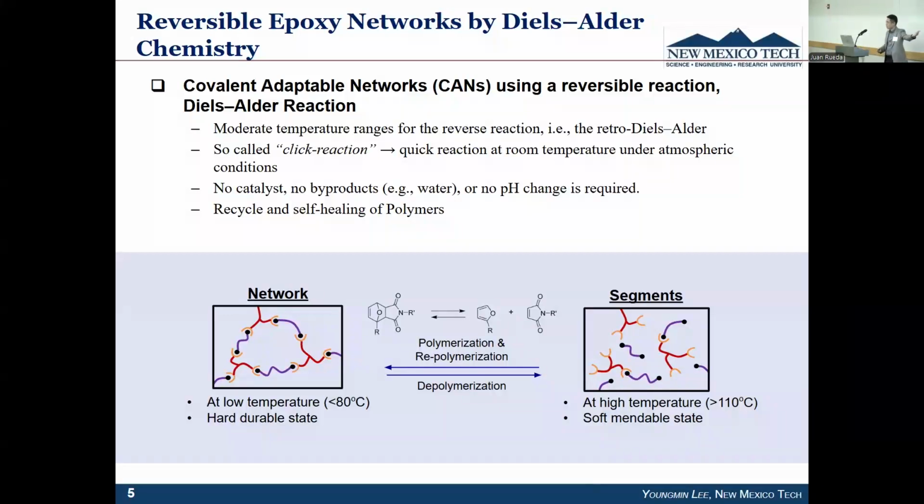During this forward reaction, they form a network structure. But when heated, they go into the reverse reaction. They separate back into the furan group and maleimide group, and we get the segment state. The good thing about this reaction is that we don't need any extra stimuli like a pH change, and there is no byproduct like water.